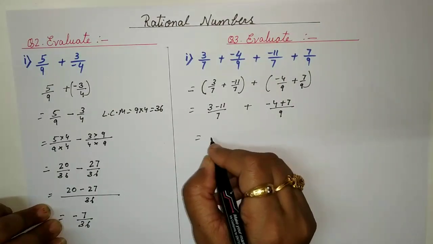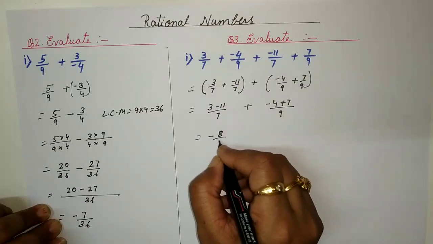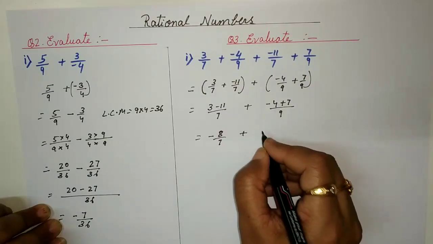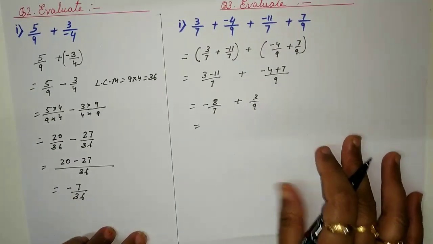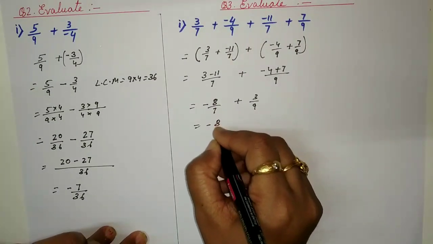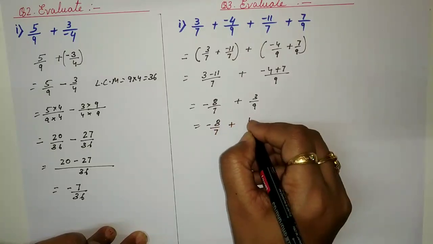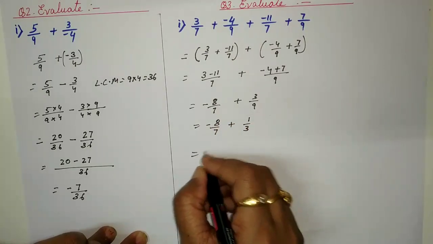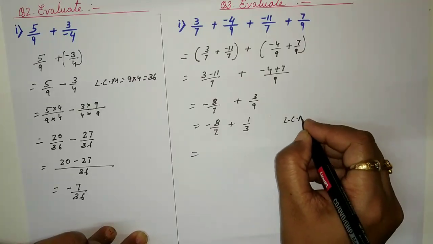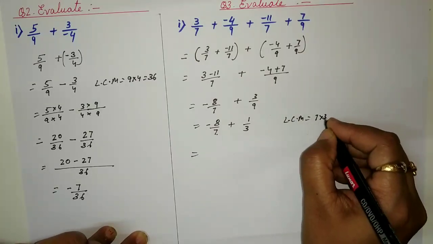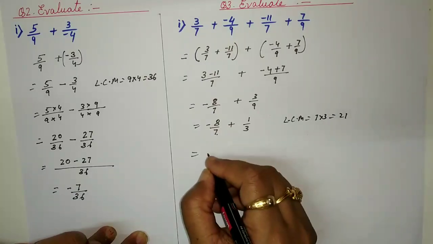So your answer here is minus 8 by 7 plus 3 by 9, and 3 by 9 can be cancelled as 1 by 3. Now we have 7 and 3, therefore LCM again becomes 7 into 3, nothing common, so 21.